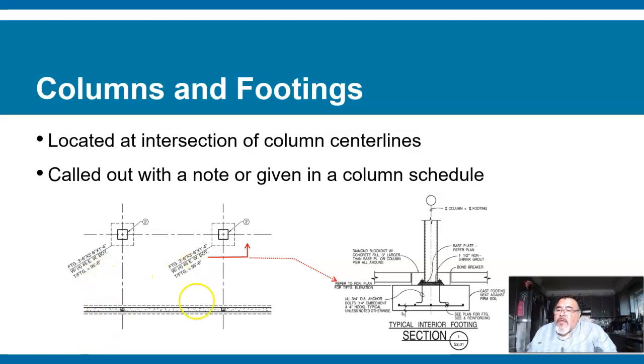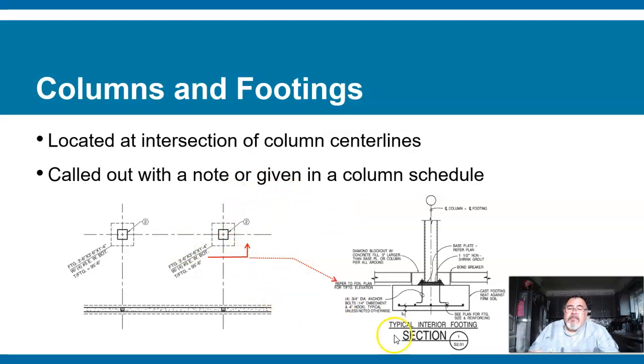Here it says 95 6 top of footing, and here 95 6 top of footing, so those are equal in height. They're not sticking out any different. So these two are basically the same, and that's why they have the number 2 note next to them.